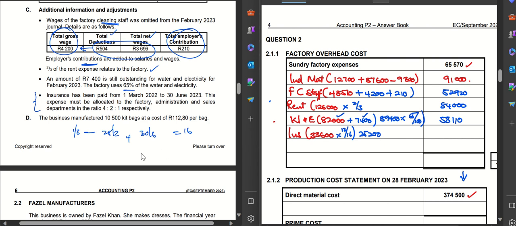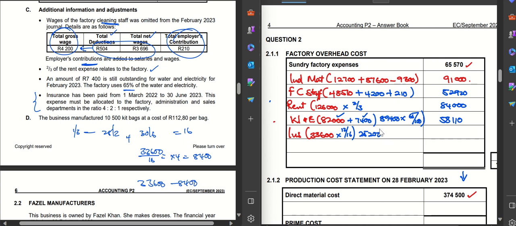Multiply by 12 over 16, then it will give you 25,200. Someone would have simply said 33.6, divide this by 16, and then you get an amount, then you multiply that amount by 4, then I think you'd end up with 8,400. Then you say 33.6 minus the 8,400, it should take you back again to 25,200.